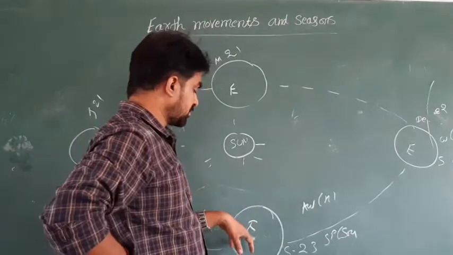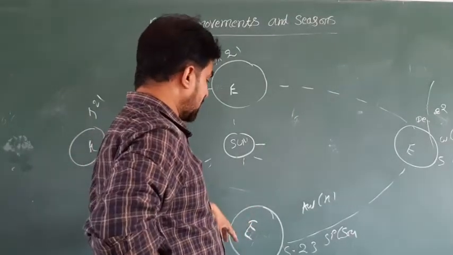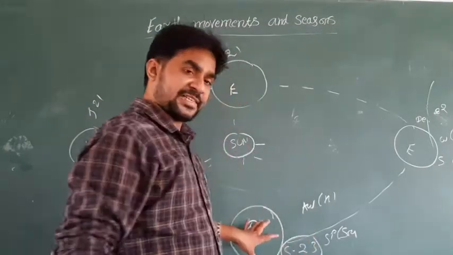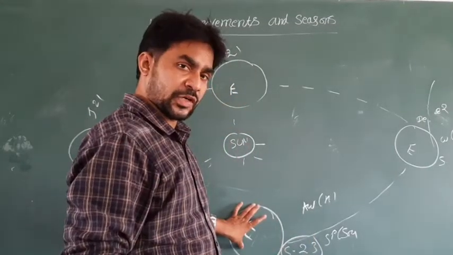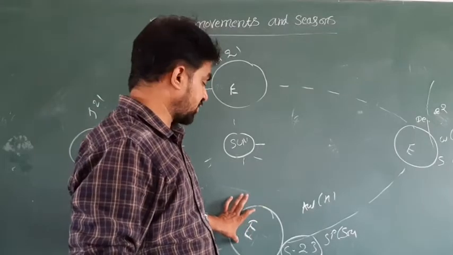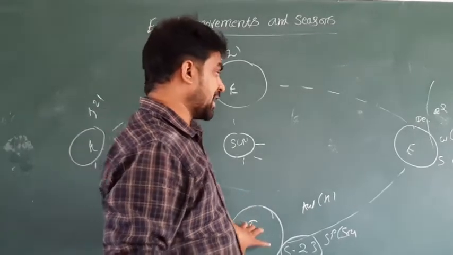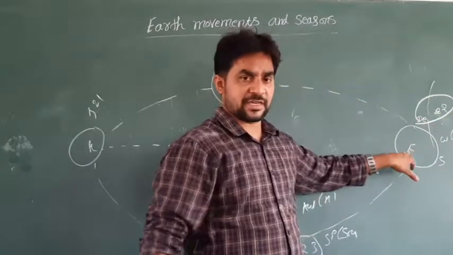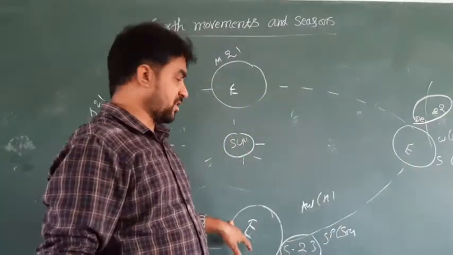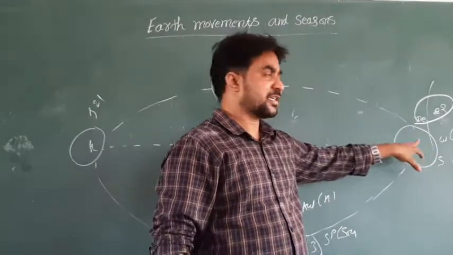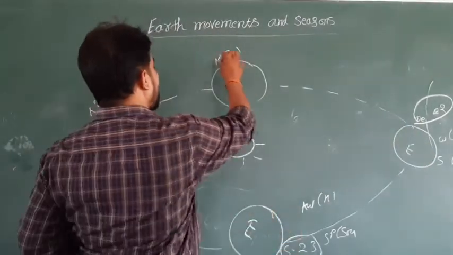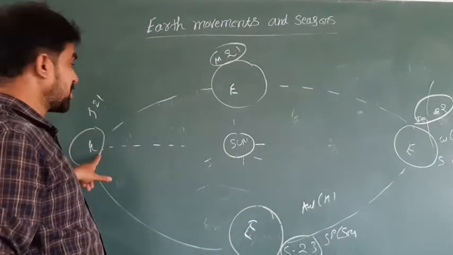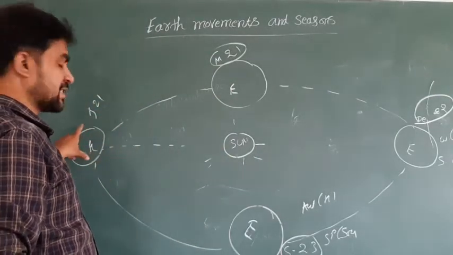See that on September 23rd, for example, the Earth starts from here. By December 22nd, the Earth is on the other side. So within 3 months the Earth goes this side, and by March 21st the Earth comes here, and by June 21st the Earth comes here.